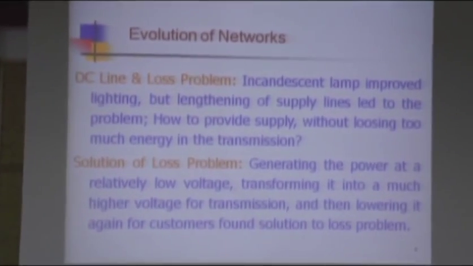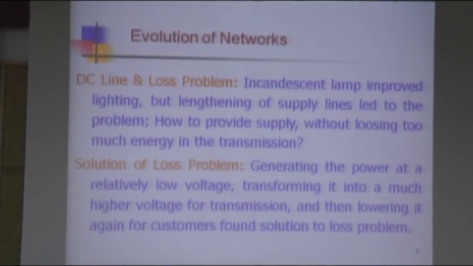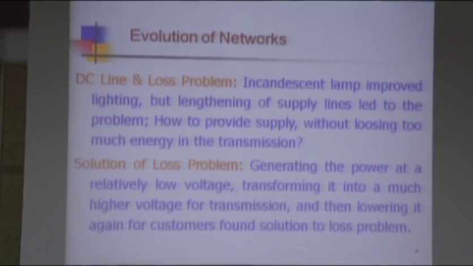So in the initial phase there was a DC line, and the problem was loss in the line, because of the lengthening of supply lines. When you attempted to transfer electricity from one place to another, the lines naturally were long. So how to provide supply without using too much energy in the transmission?